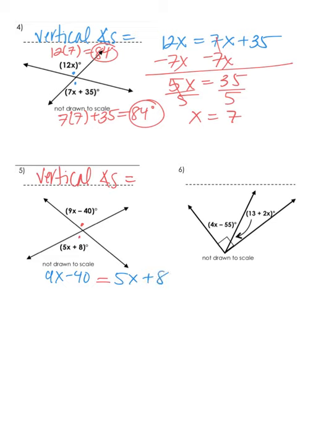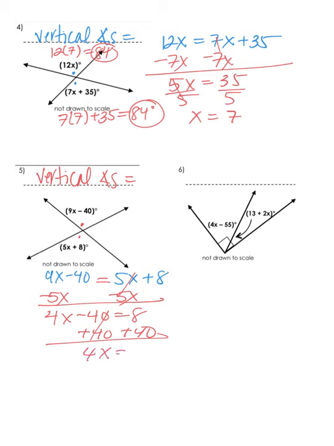So what we want to do here, subtract 5x from both sides. I get 4x minus 40 is equal to 8. Add 40 to both sides. 4x is equal to 48. Divide that by 4. X is going to be 12.